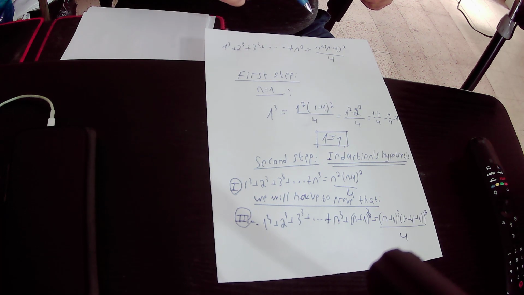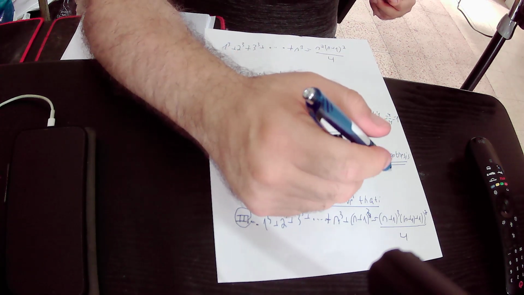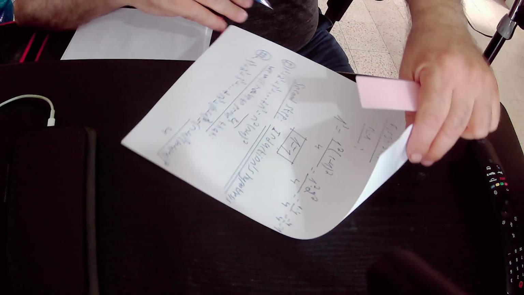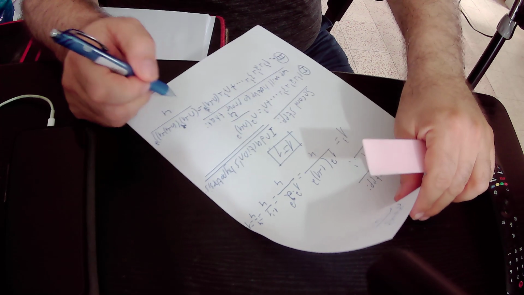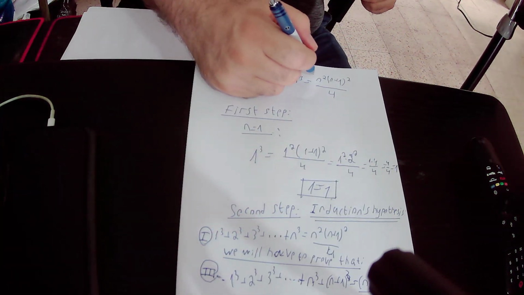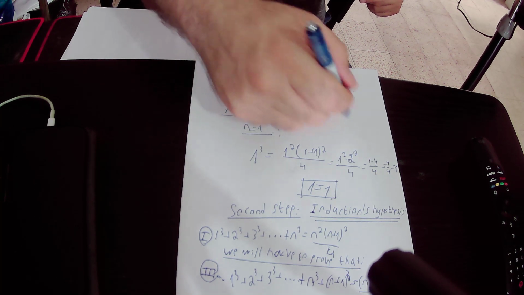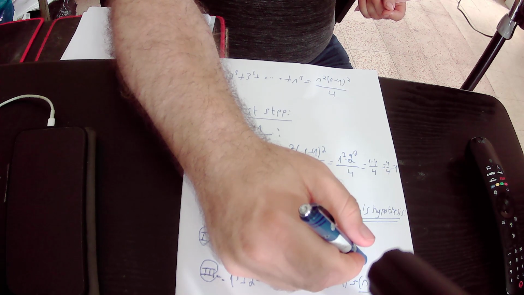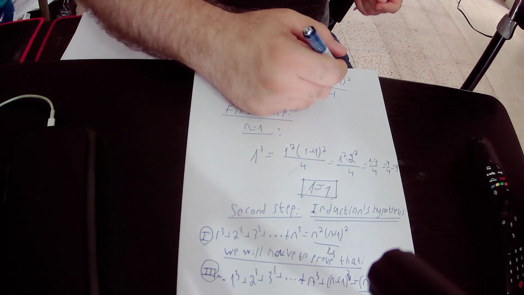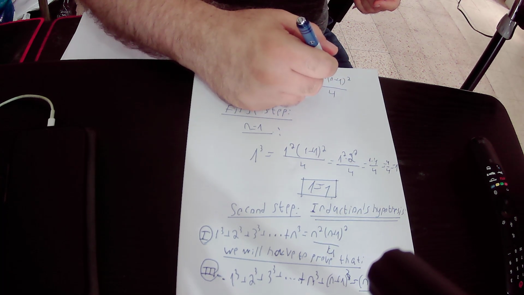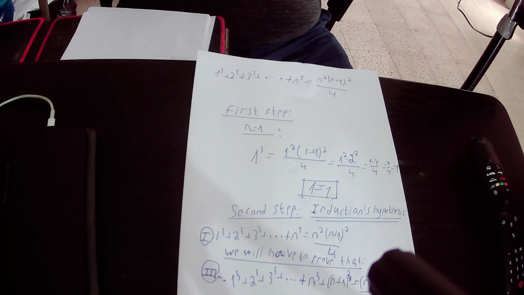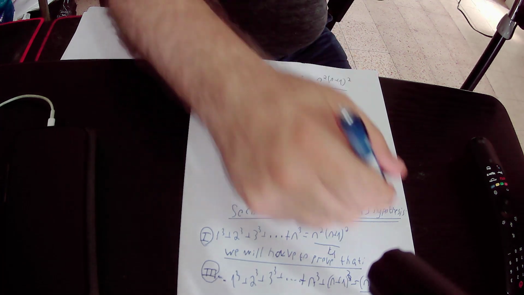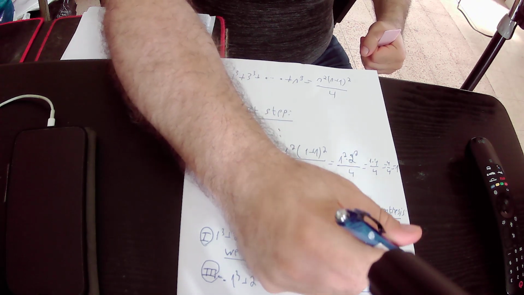So here we have n squared, so instead of n squared we put (n plus 1) squared, and here we have n plus 1, so instead we will put n plus 1 plus 1, because now we substitute n by n plus 1, so it is (n plus 1 plus 1) squared, all divided by 4.